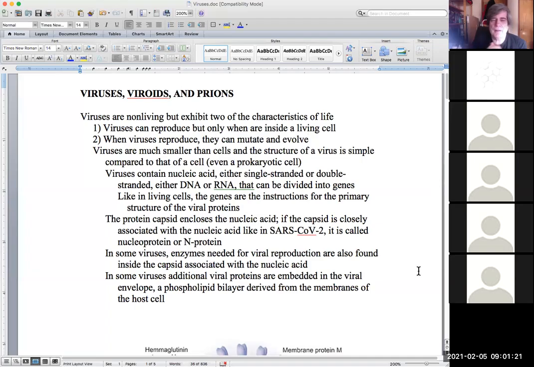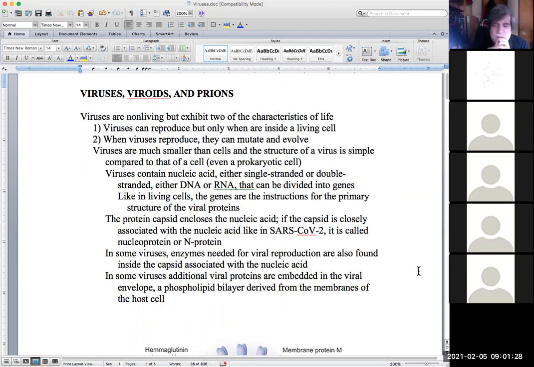If nobody has anything right now, we're going to go ahead and start looking at our next topic, which is kind of a weird topic for a biology class, because we're going to talk about viruses and viroids and prions.